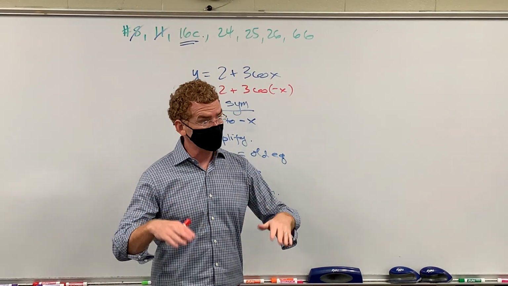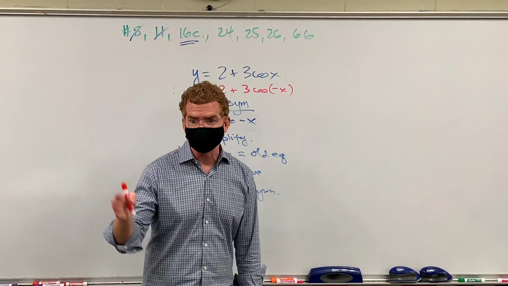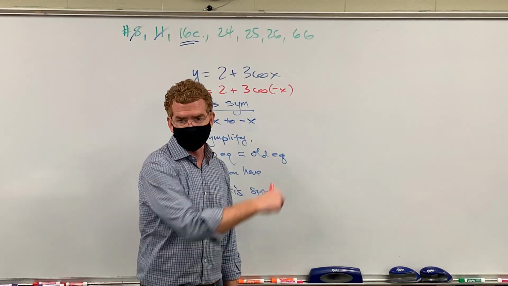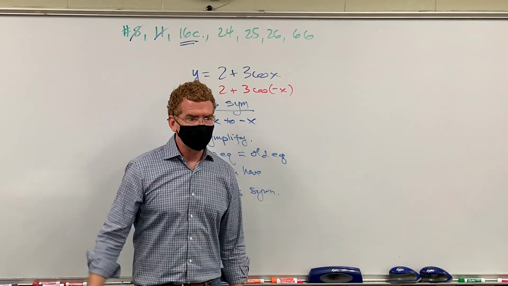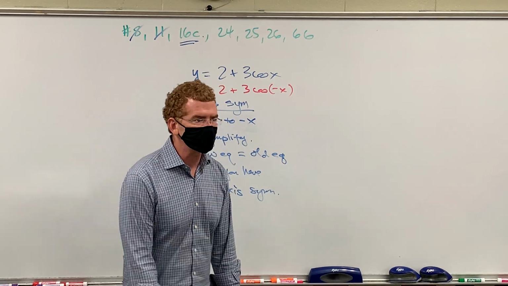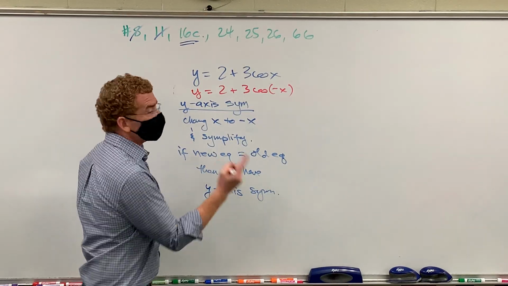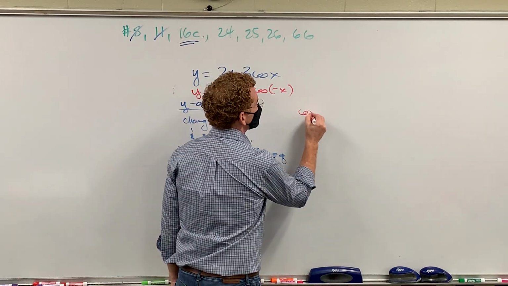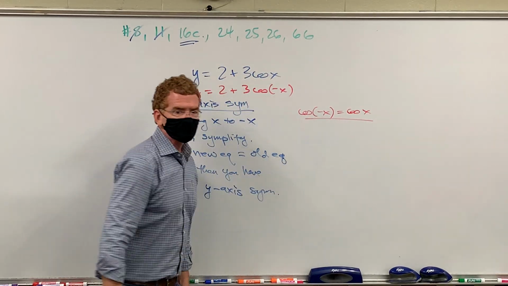Hopefully this year I will get them burned in, but I normally give a quiz every single day when I do trig, literally every single day for a week, and people feel really good about their identities at the end. I see you twice a week, and what you know is going to be different than what the next class knows. So what we did learn is that cosine of negative x equals cosine of x.